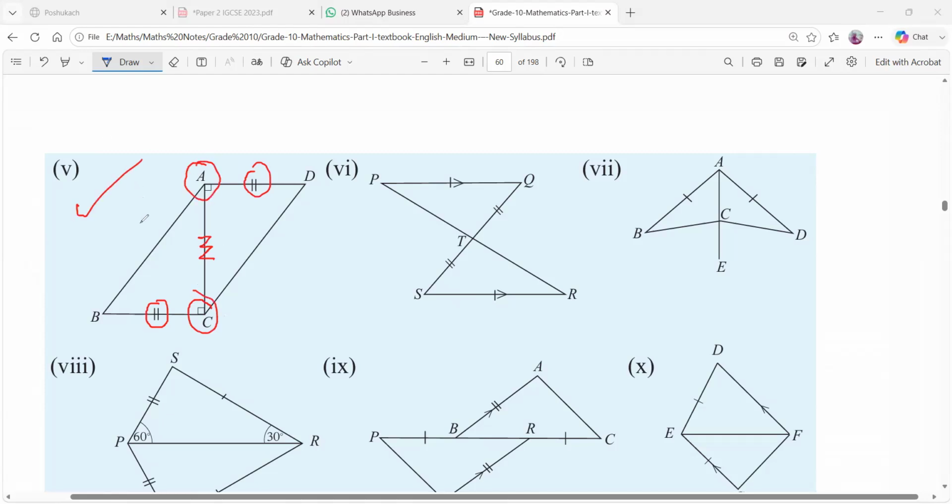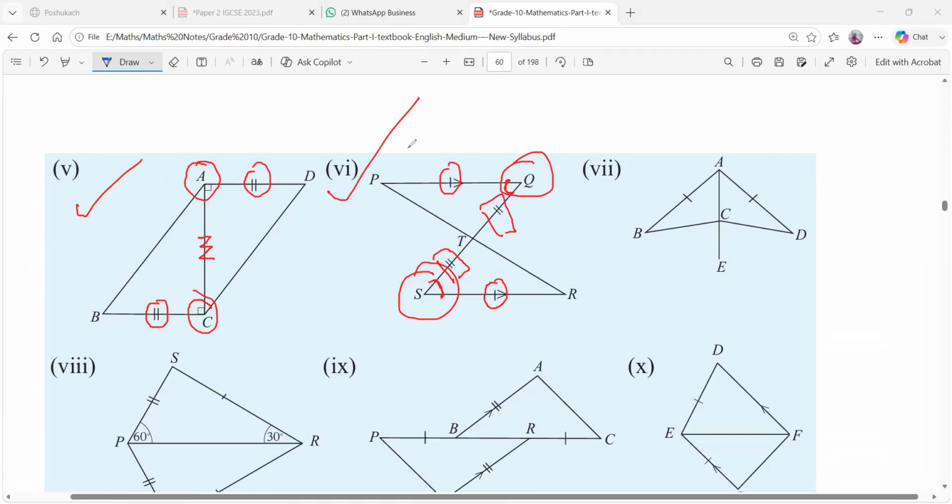So this is also congruent. In the next, this side is equal to this side and this side is equal to this side, and with two parallel lines they have alternate angles, the letter Z. So this angle is equal to this angle: two sides and the included angle, so it is congruent.